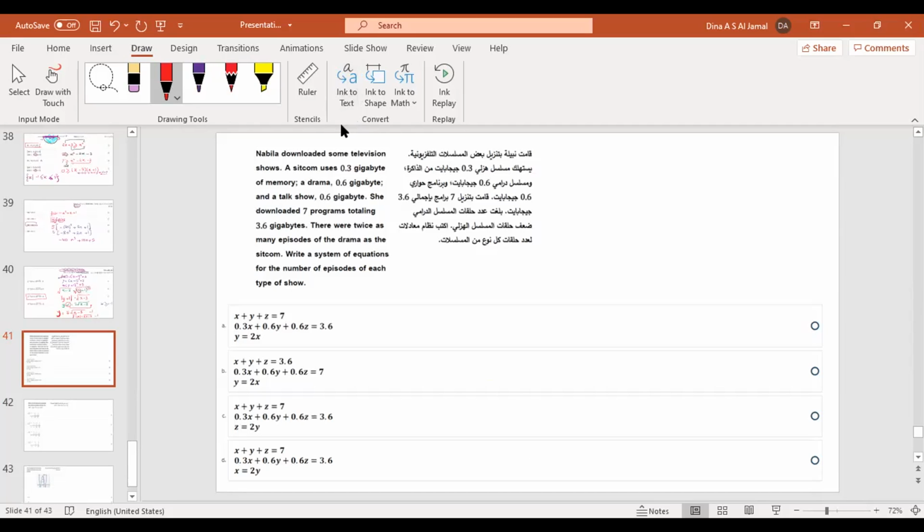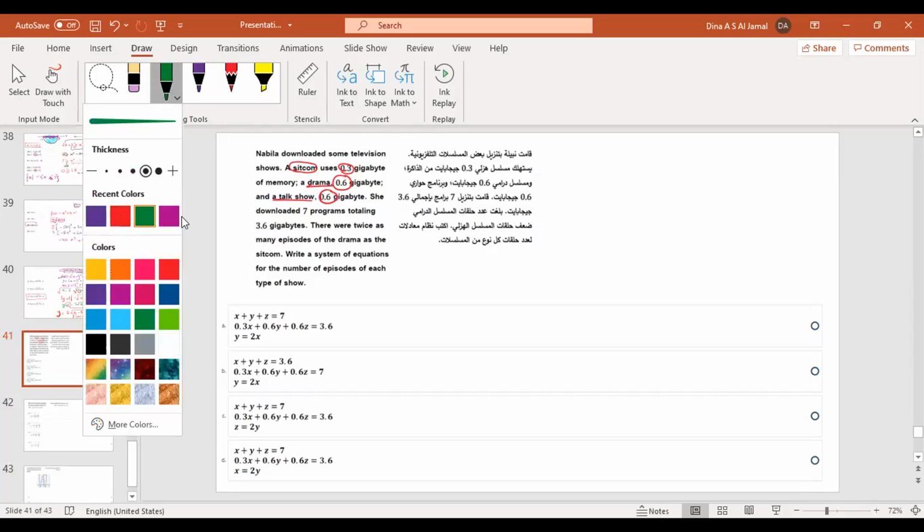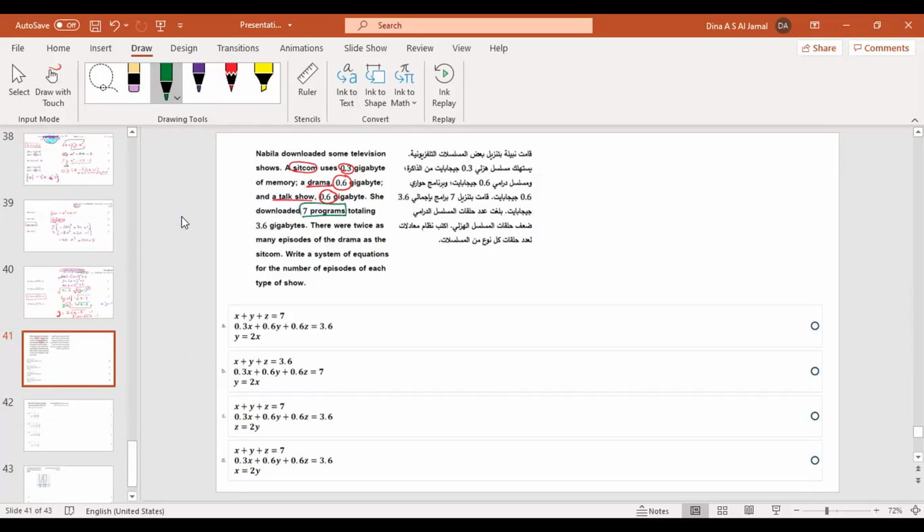A sitcom uses 0.3 gigabytes, and a drama 0.6, a talk show 0.6. Good. That means she downloaded in total 7 programs, and the total gigabytes 3.6.